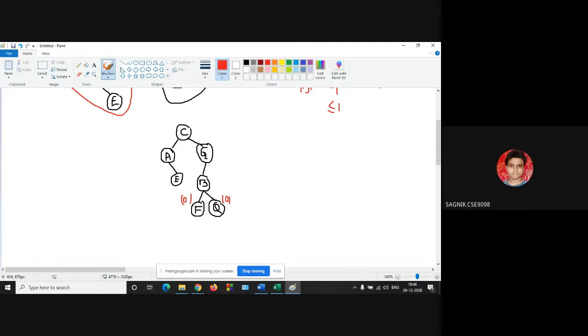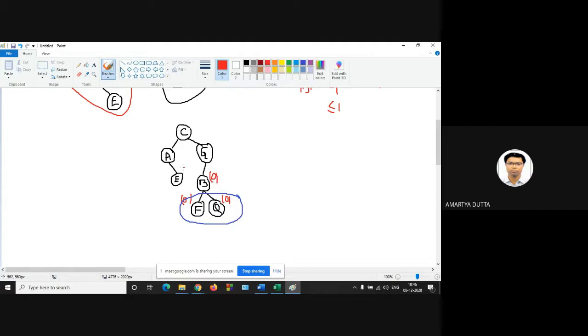The difference between left subtree and right subtree of B is 0, because F and Q both lie in the same level. Is it clear? Yes, sir. So balance factor of B is 0.